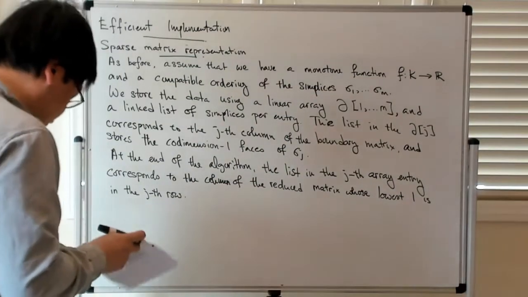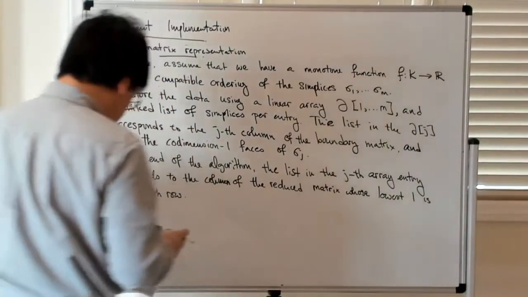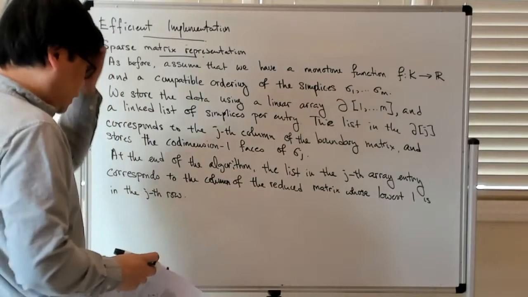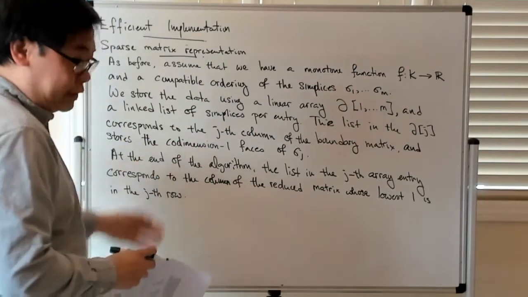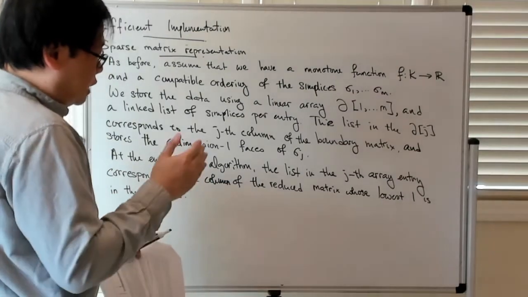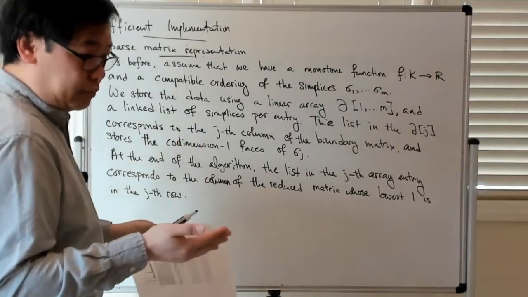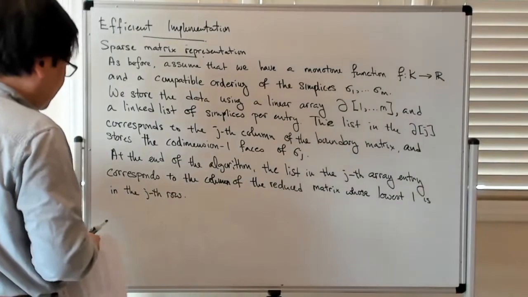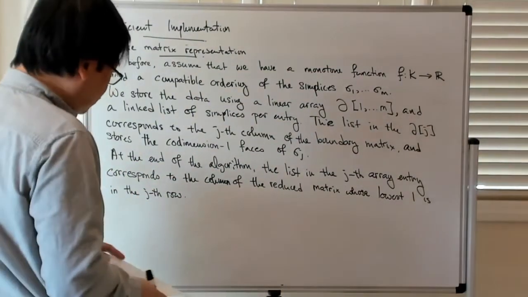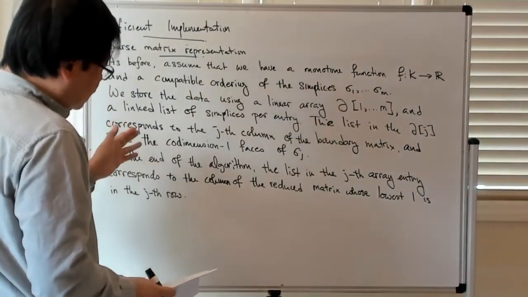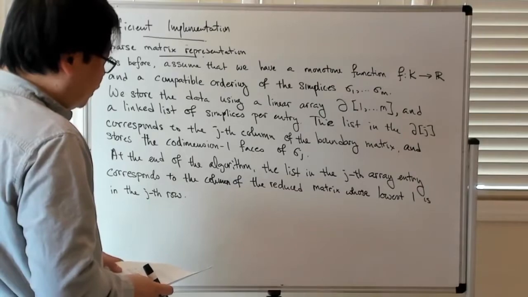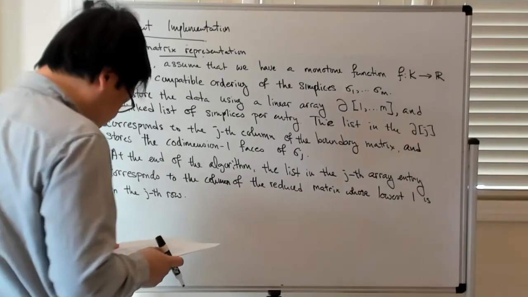All right. So this is where the interpretation deviates slightly. Normally you would expect it to be basically just the jth column of the reduced matrix, but you're doing some sort of dual representation where the list in the jth entry is going to be the one where the lowest one is in the jth row.